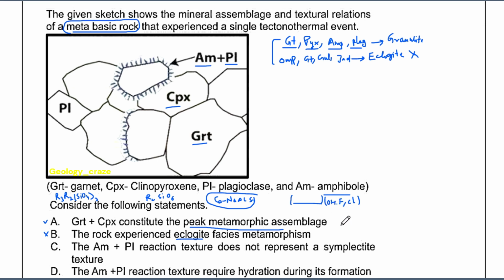This OH means H2O breaks, and we will get H plus and OH. So it is water. For forming amphibole we need water in the system.